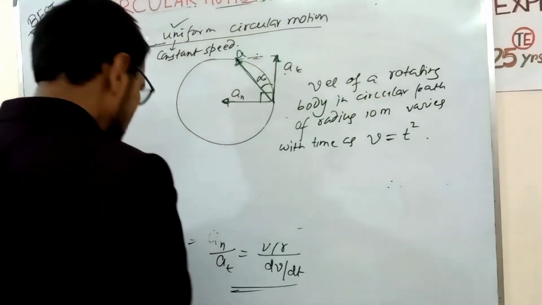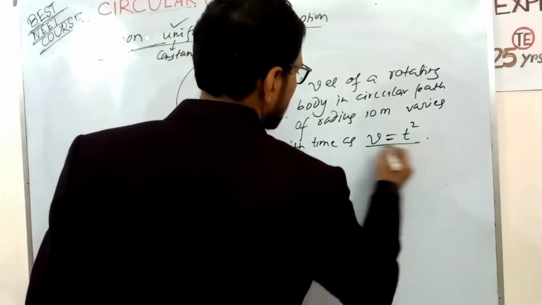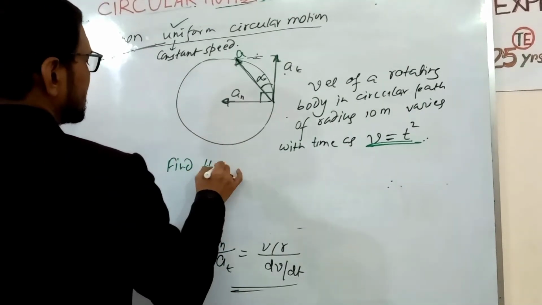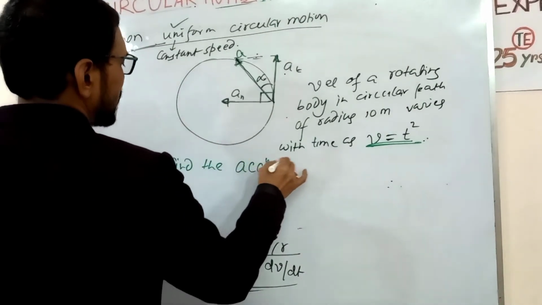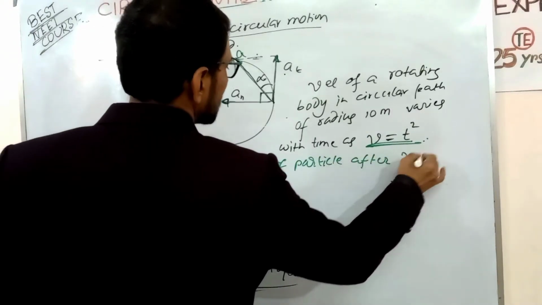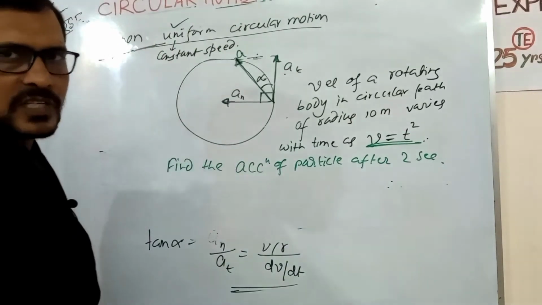Suppose velocity varies according to this, v equal to t square. Find the acceleration of the particle after 2 seconds. So this is the question.